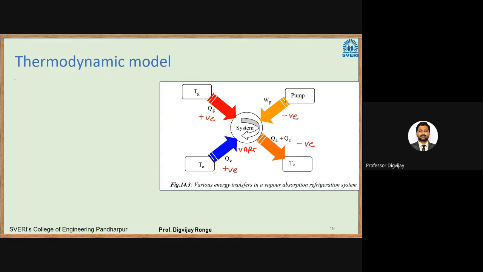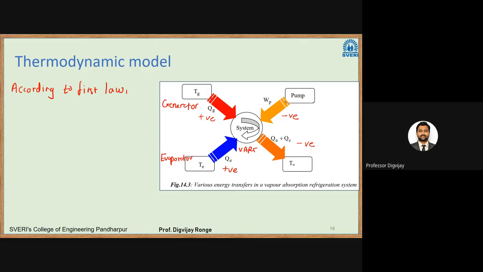Okay. So according to first law, you can draw the system. You can show these four parameters. So here it is the evaporator, here it is a generator.